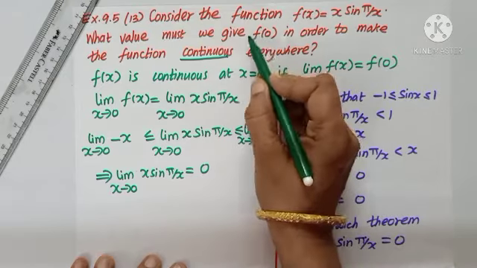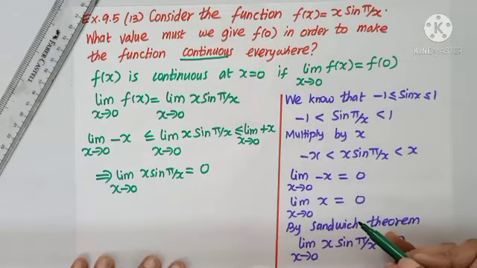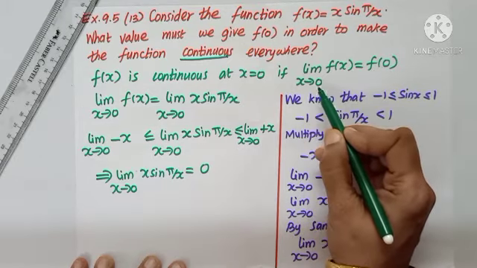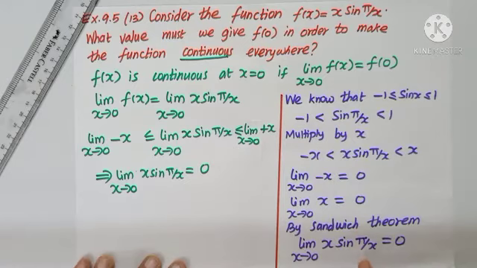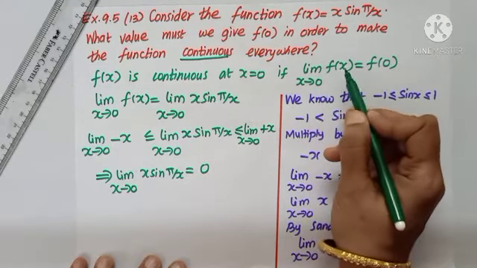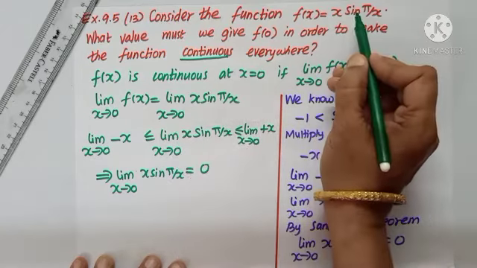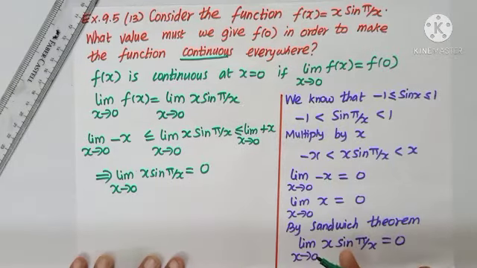My question is to find f of 0, but f of 0 is nothing but limit x tends to 0 of f of x, that is, limit x tends to 0 of x into sine pi by x.